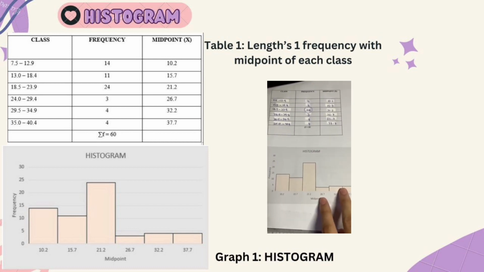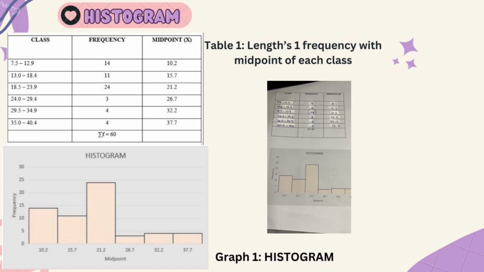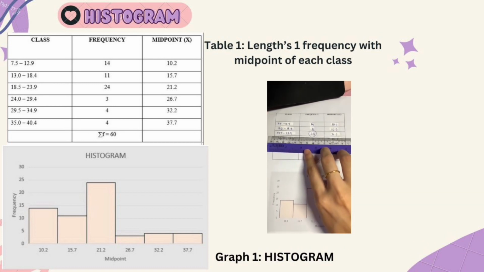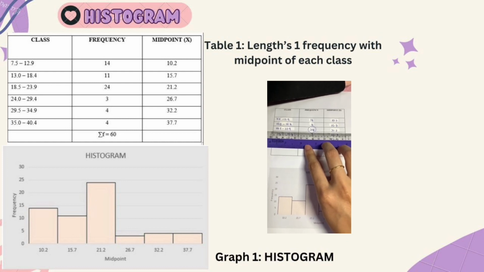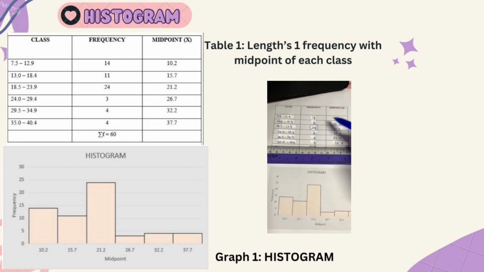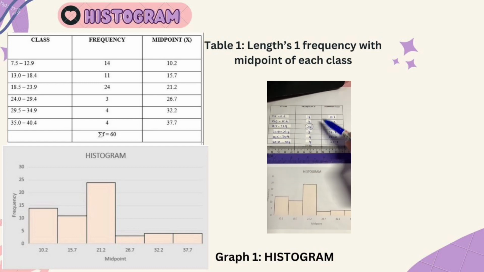Therefore, we can conclude that the highest length 1, in centimeters, is between 18.5 and 23.9 because it has the highest frequency compared with other classes.